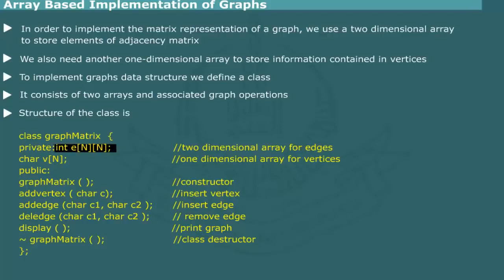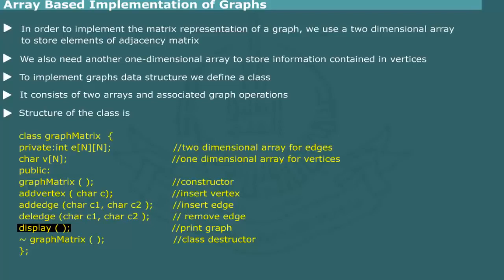A two-dimensional array E to store edges, and a one-dimensional character array V to store vertices. The basic operations are implemented using the following methods: add vertex to insert a new vertex, add edge to insert a new edge, del edge to delete an existing edge, display to print the graph.